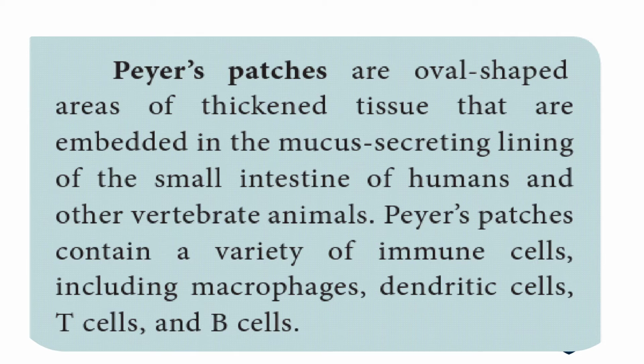First, the Peyer's patches. The Peyer's patches are oval shaped areas of thickened tissue that are embedded in the mucus secreting lining of the small intestine of humans and other vertebrate animals. The Peyer's patches contain a variety of immune cells including macrophages, dendritic cells, T cells and B cells.